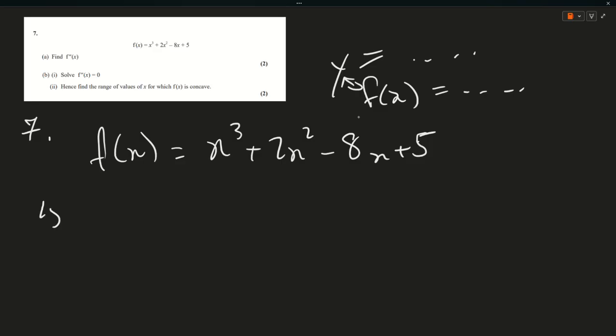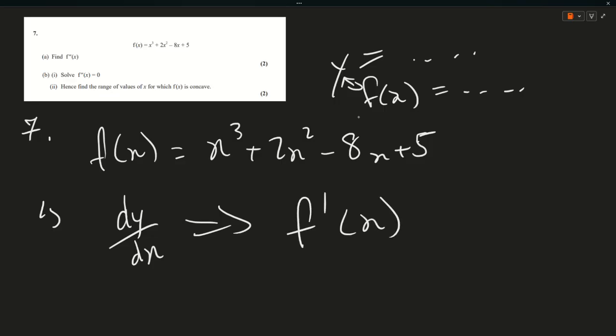Now that we know those are interchangeable, the only piece of information I need to tell you is that instead of dy dx, to differentiate y, to differentiate f of x, the function of x, we simply write it like this: f dash x. And that's the only difference.